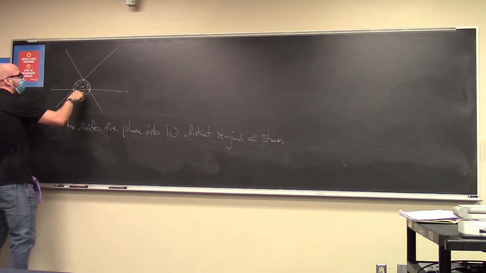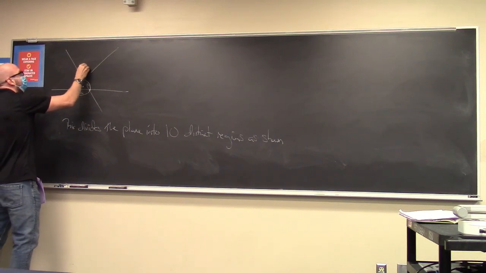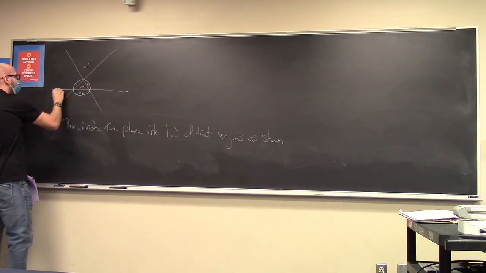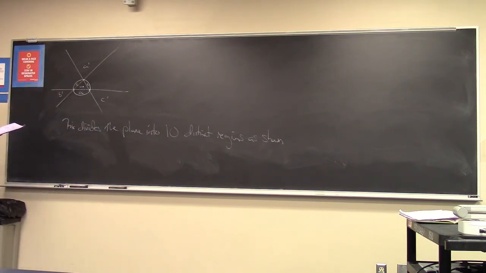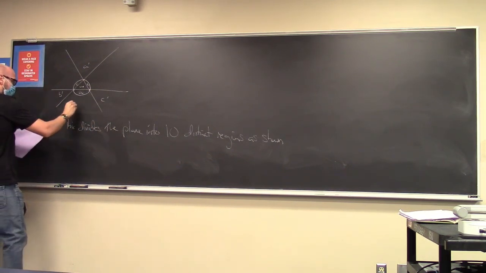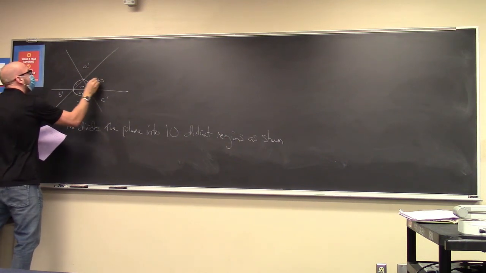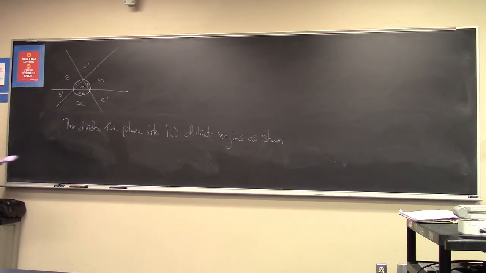And opposite this region A, we'll call this A prime. Opposite B, we'll call this B prime. Opposite C, we'll call this C prime. And then the last three regions, we'll just call them X, Y, and Z.